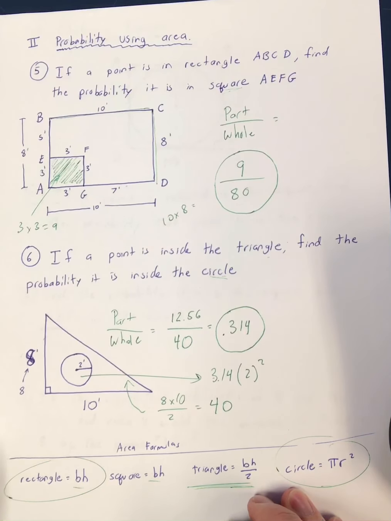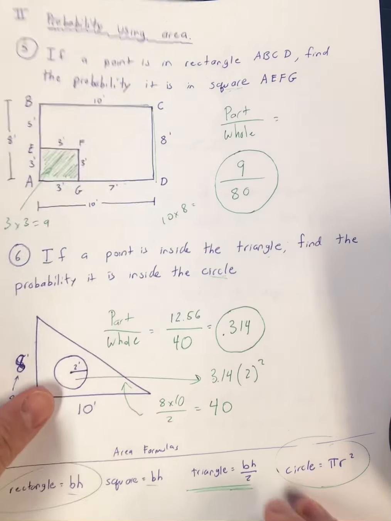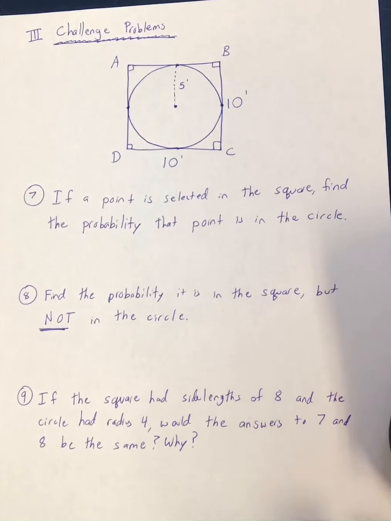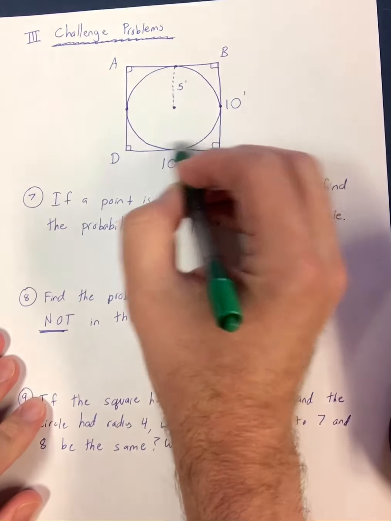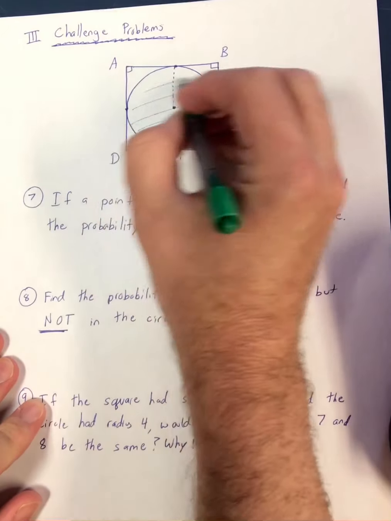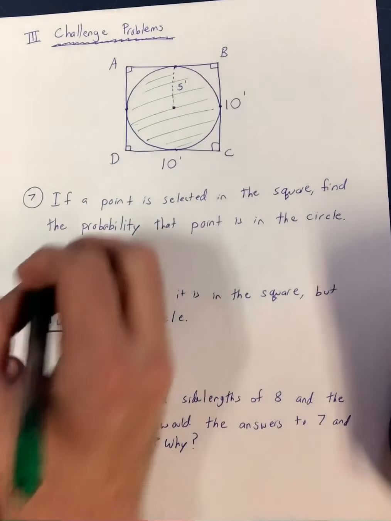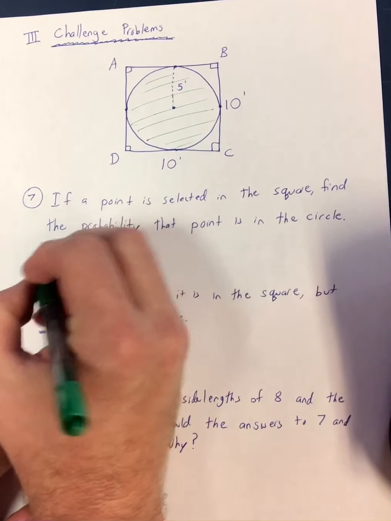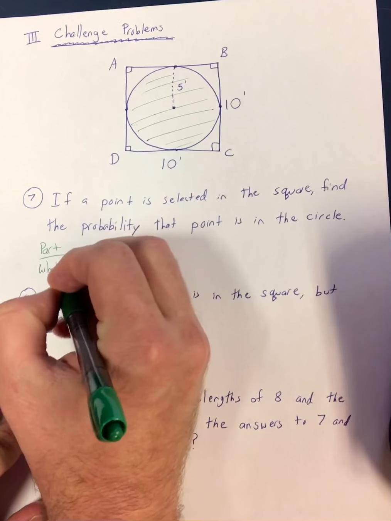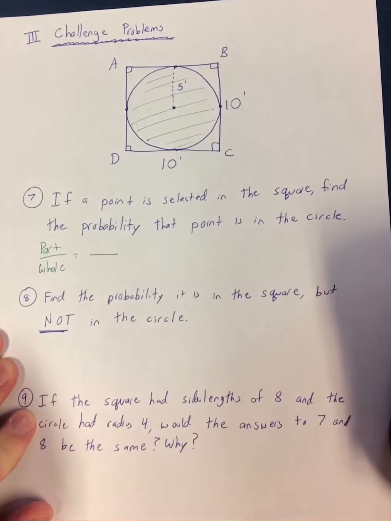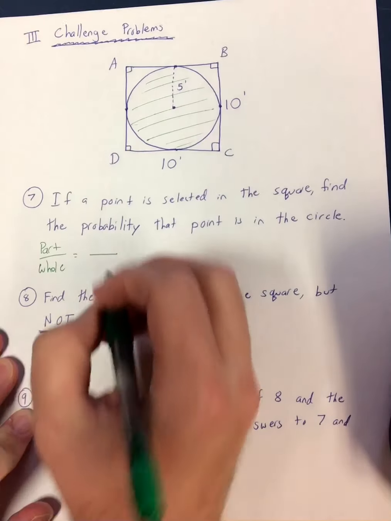Okay, moving on to the next and final worksheet. The challenge problems. If a point is selected in the square, find the probability it is in the circle. So the probability that it's in the circle here. So part over whole. The whole is going to be the area of the square, which is 100.